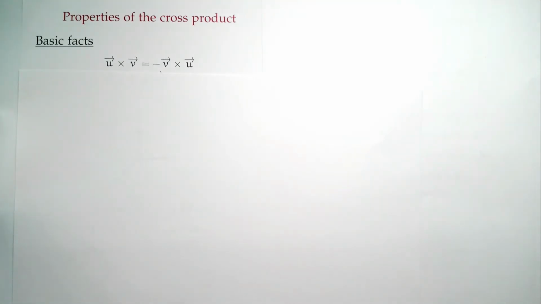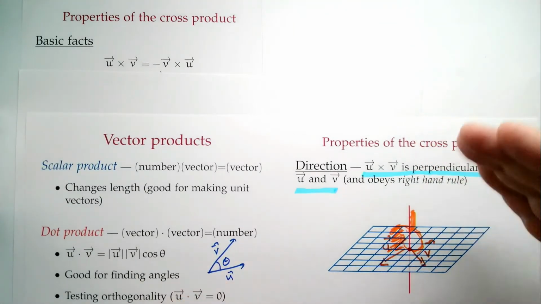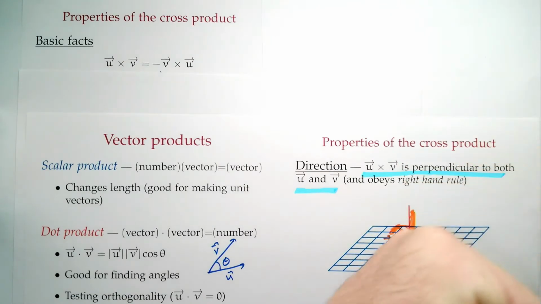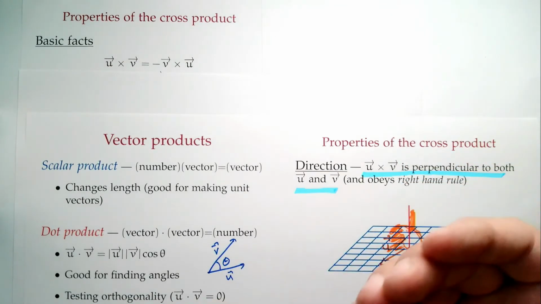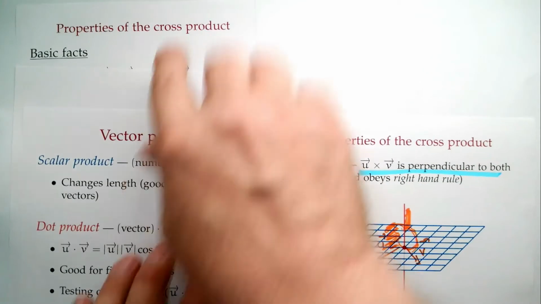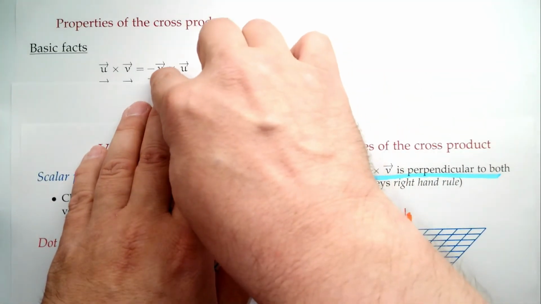It comes back to that right-hand rule. If you have u cross v, and you want to do v cross u, you have to turn your hand over to get your hand to fit. So it's that turning the hand over, changing your orientation, that's where the negation comes in.